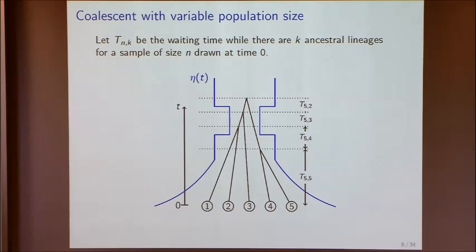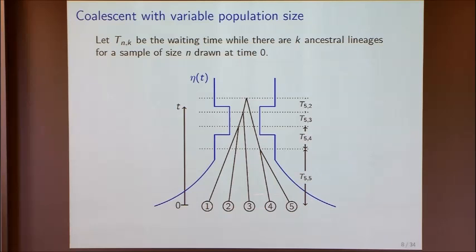Okay, so to give a pictorial representation of what this variable population size coalescent process looks like. This blue line denotes the population size, or its scaled version. Initially the population size is large, denoting some kind of exponential growth in the population, and further back in time there was a bottleneck, which denotes that maybe there was a contraction in the population because individuals left that population and went somewhere else.